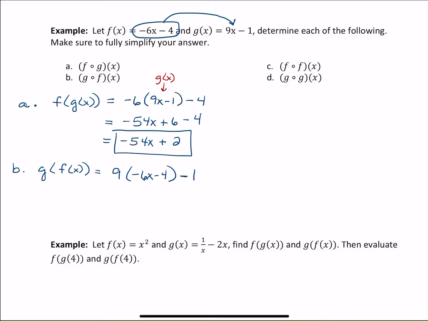So this is your f of x that you plugged in for x. So again, simplify. So I'm going to have -54x minus 36 minus 1. So I'll have -54x minus 37.